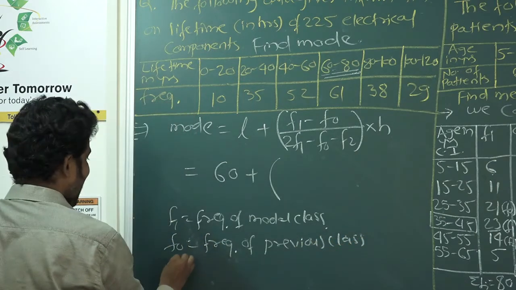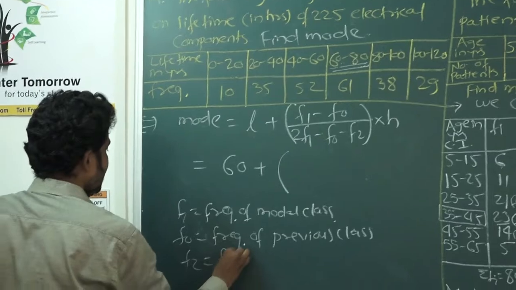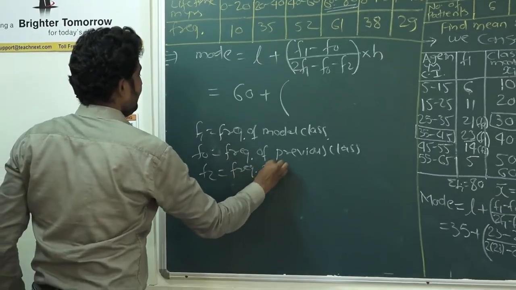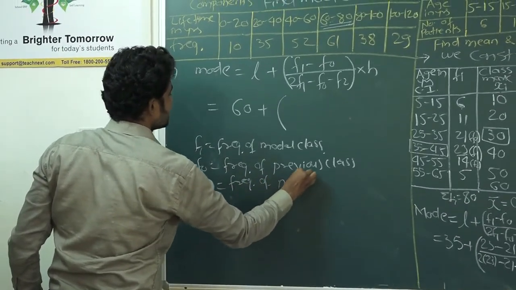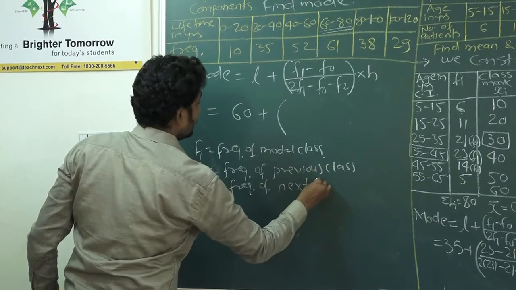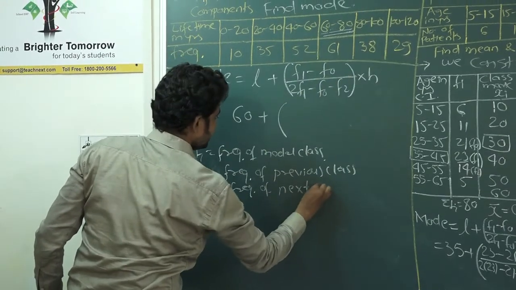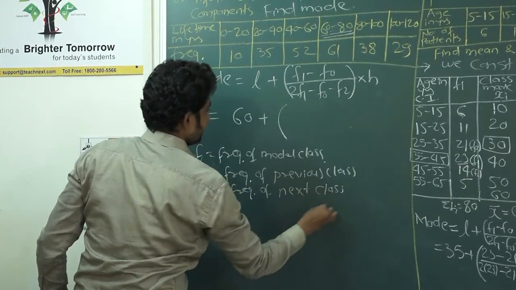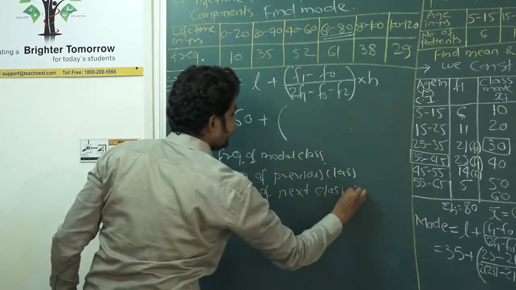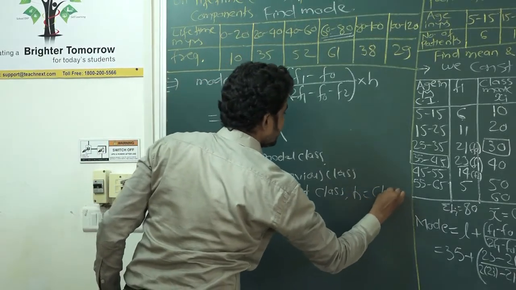And F2 is the frequency of the next class, which is next to the modal class, and H is the class width.